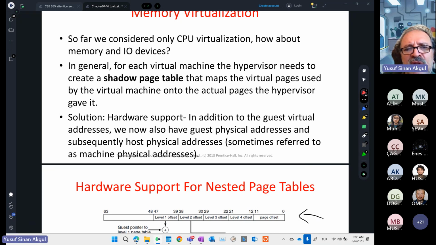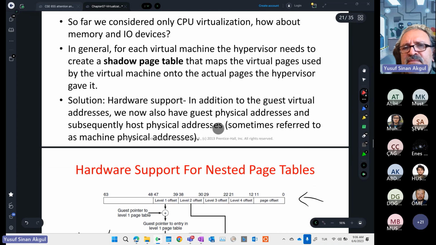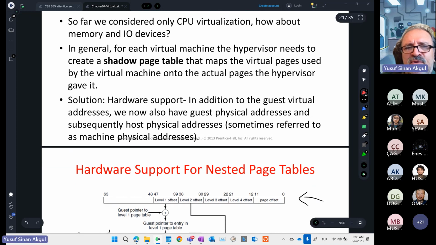Hardware supports this. In addition to guest virtual addresses, now we have guest physical addresses. It is kind of confusing. So guest virtual addresses, guest physical addresses, but those guest physical addresses are not real physical addresses.